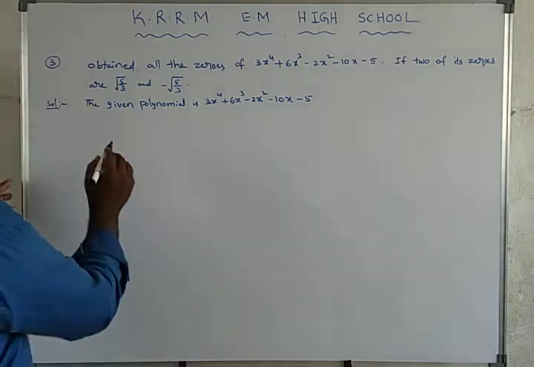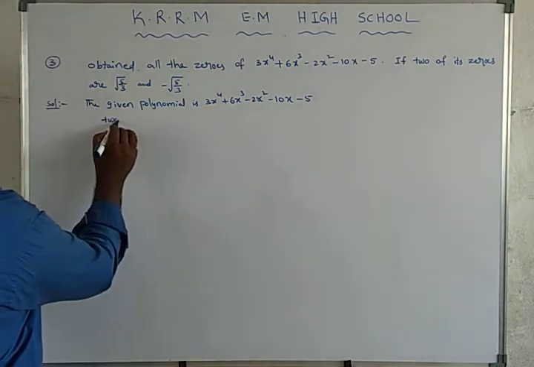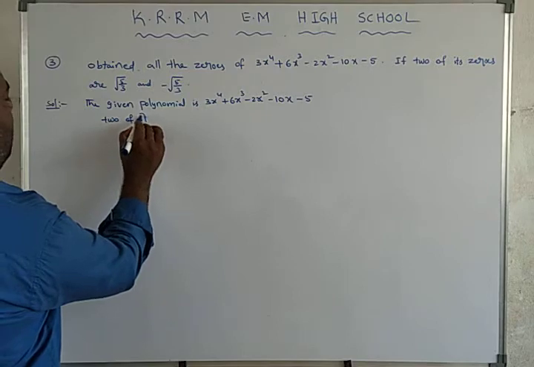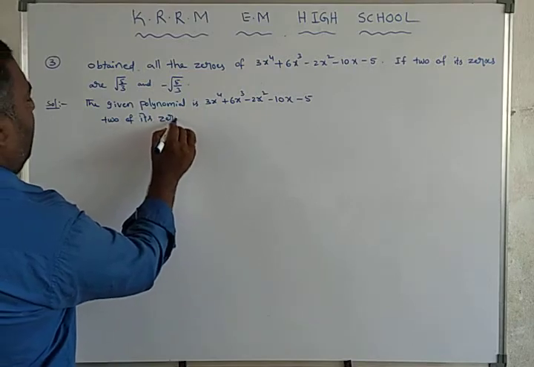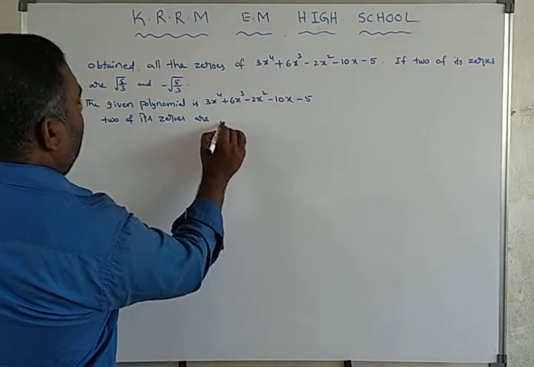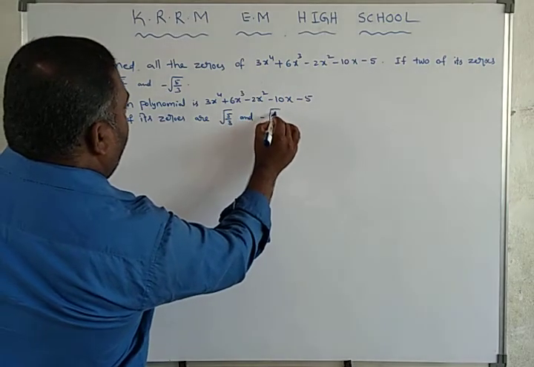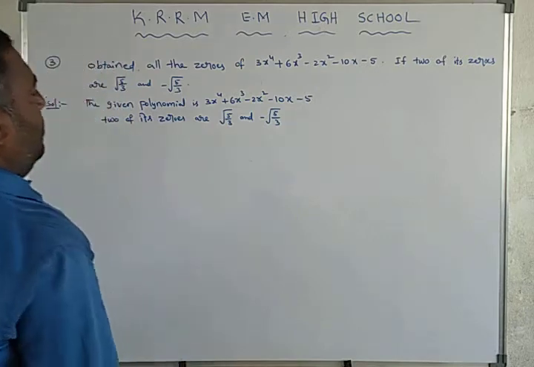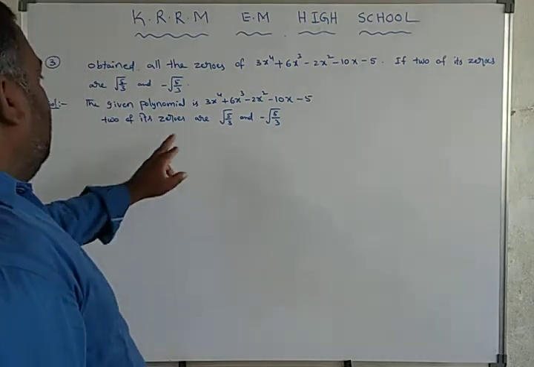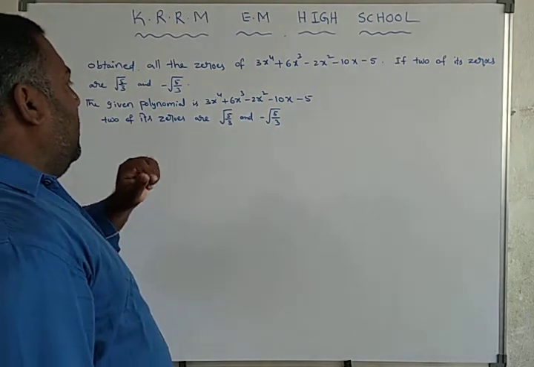Two of its zeros are root 5 by 3 and minus root 5 by 3. So, two of its zeros are given.